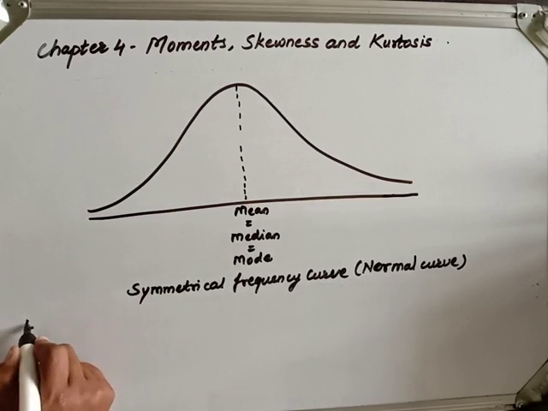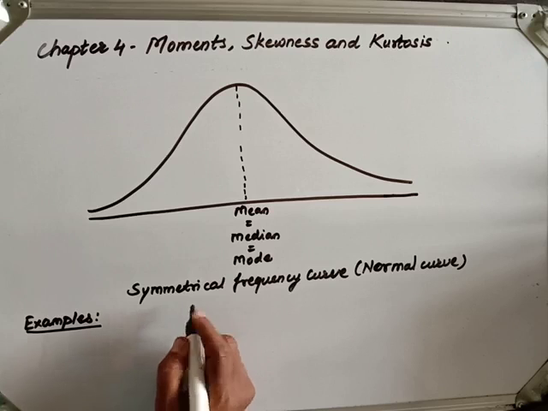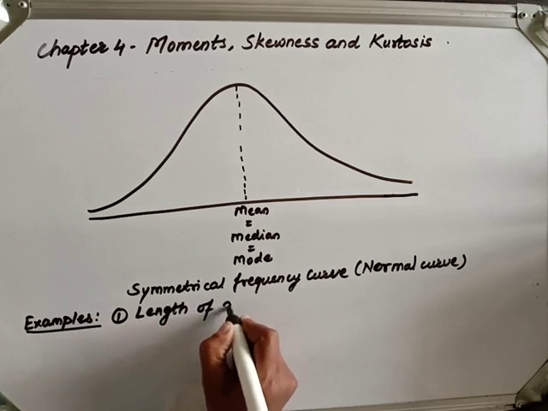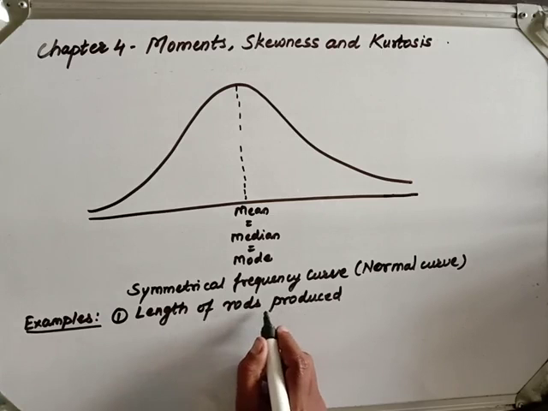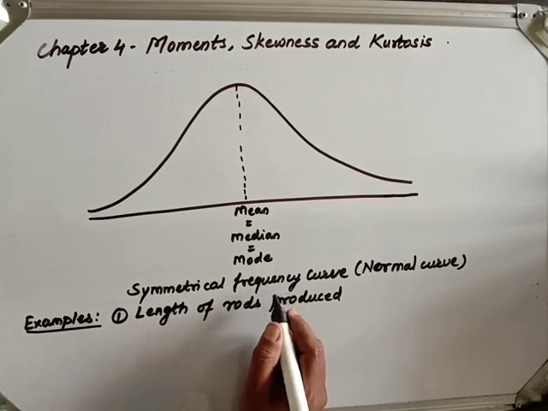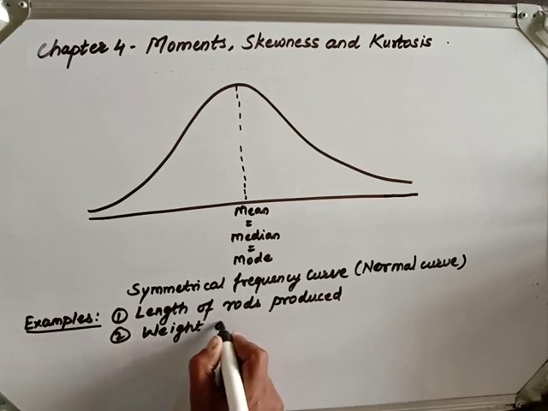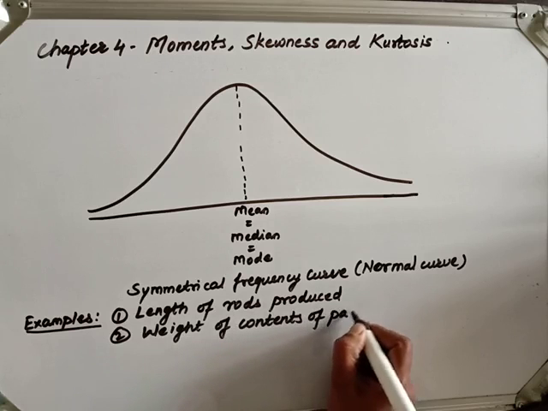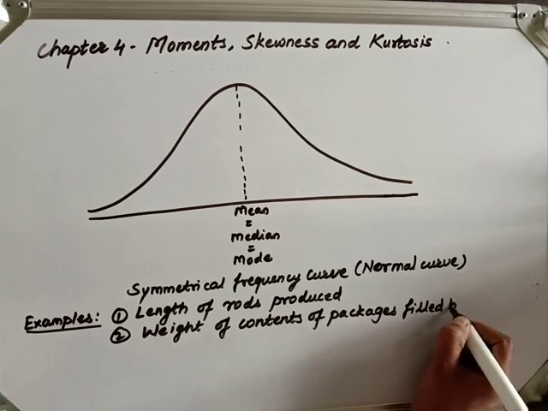Fine. Now let us see some examples of symmetrical distributions. First, the length of rods produced in an industry: that distribution is symmetrical. Second, the weight of contents of packages filled by a machine.